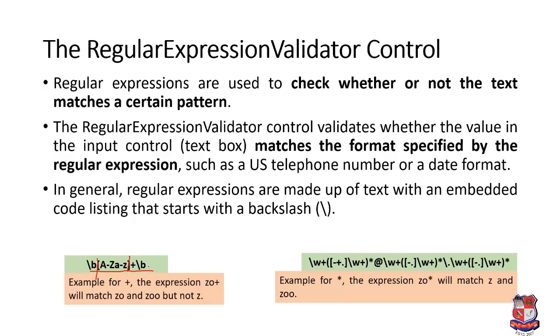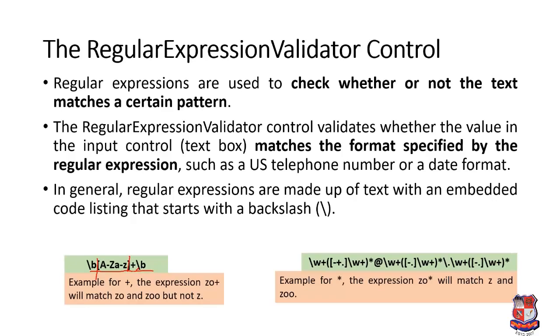This allows you to specify what characters you want to accept. Over here we are mentioning capital A to capital Z and small a to small z. It means characters allowed in this regular expression are capital letters and small letters.